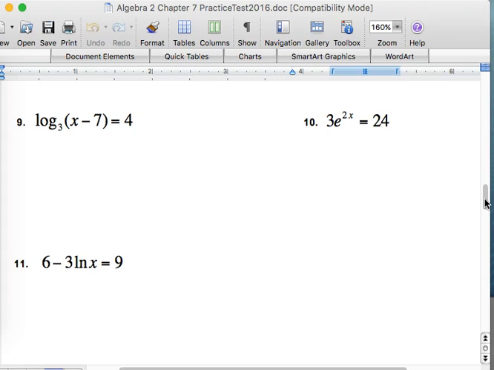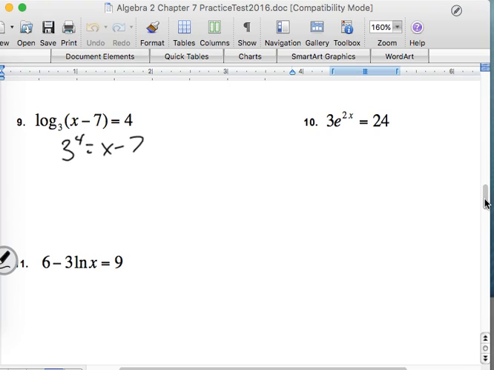Absolutely. But there's an x minus 7 there. Shouldn't we add the 7? No, we can't. They have to stay grouped together. That's what parentheses mean. This part right here is grouped together. Now, if the parentheses weren't there, absolutely we have to add 7 to both sides, but they are there.